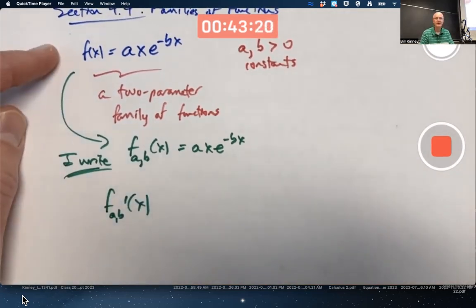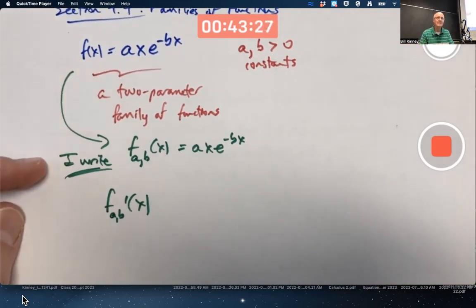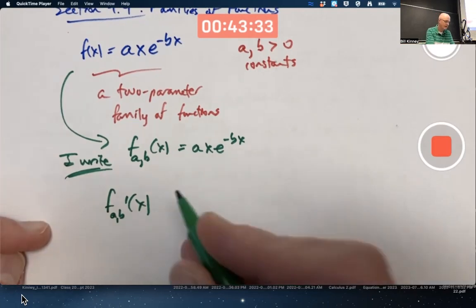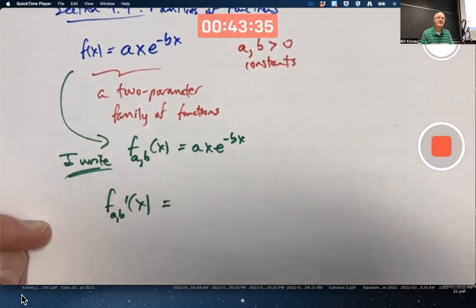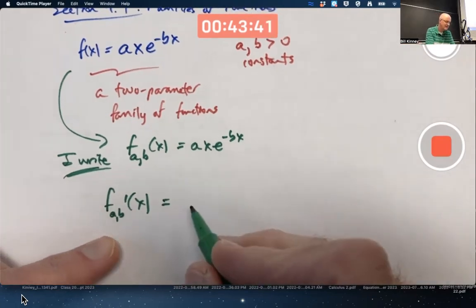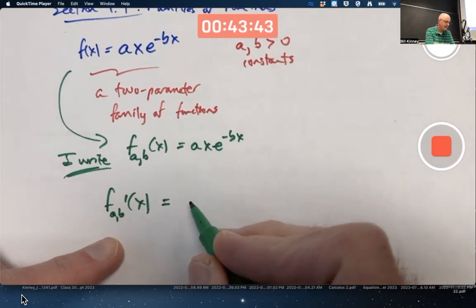Probably not for your homework because the textbook doesn't do that. But you'll see on old exams, sample exams, I sometimes use the subscripts. You should feel comfortable with that. Treat the a and b as constants, but the formula depends on them. So that's why I have them as subscripts, just to emphasize that they are there.